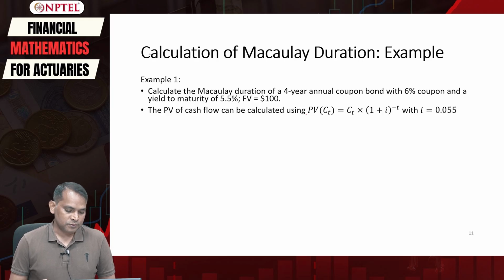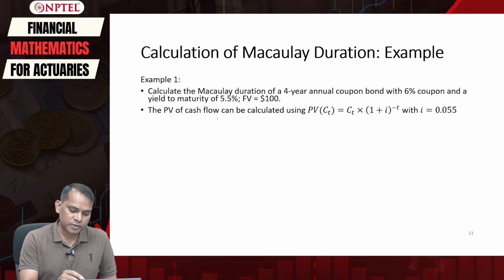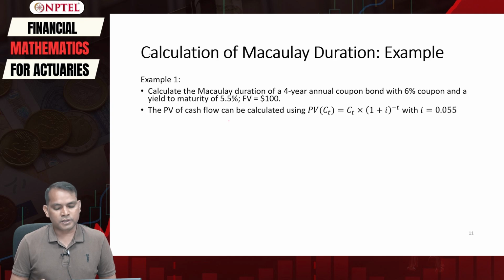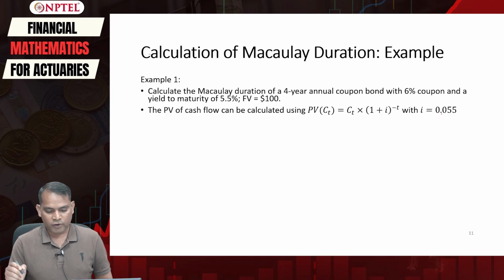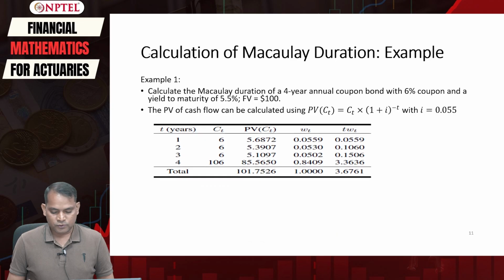The present value of cash flow can be calculated using the present value formula we just saw in the previous slide, with the interest rate of 5.5%, that is 0.055.